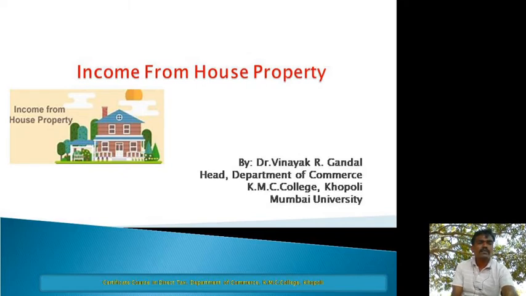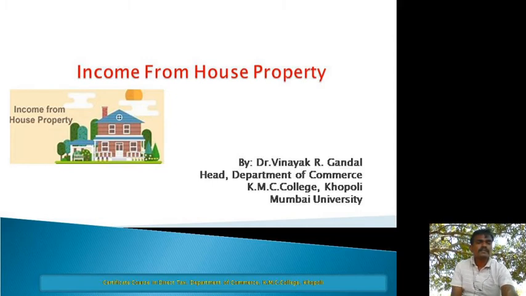So there is one format for calculation of gross annual value. According to the first step, we have to calculate reasonable lettable value, and that is to be calculated by considering municipal valuation or fair rent, whichever is more, but subject to standard rent. So the least from these is to be considered or treated as the reasonable lettable value.